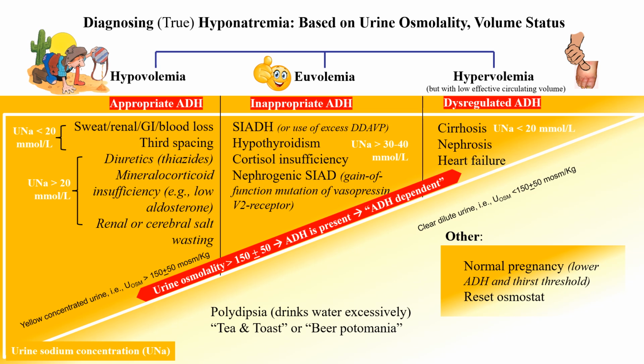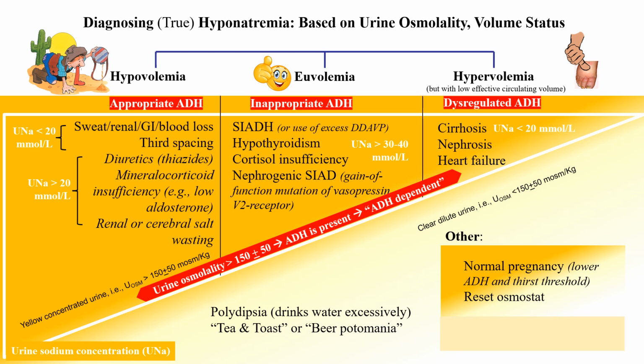Others may have had hypothalamic injury for whatever reason and have a so-called reset osmostat. In both pregnancy and reset osmostat, patients can still concentrate or dilute their urine as needed. They just normally live at a lower plasma sodium concentration compared with that of the general population.